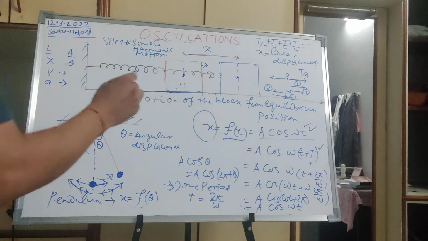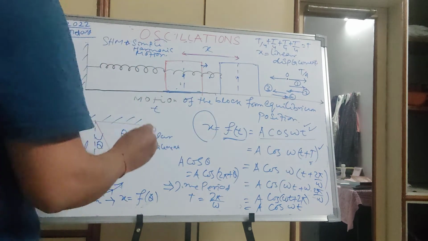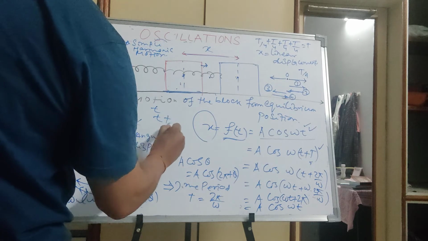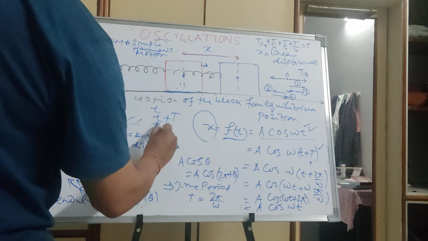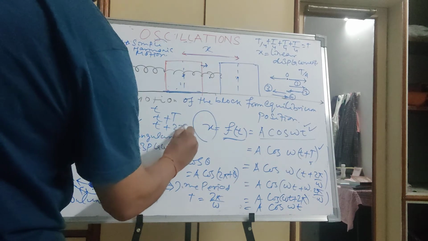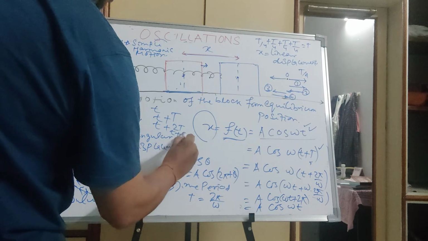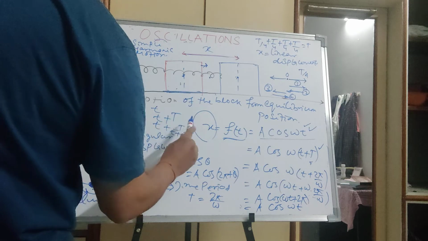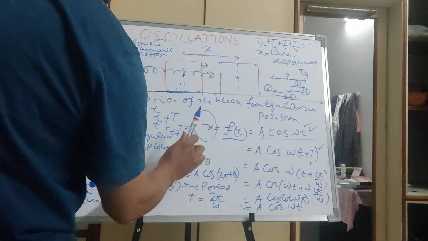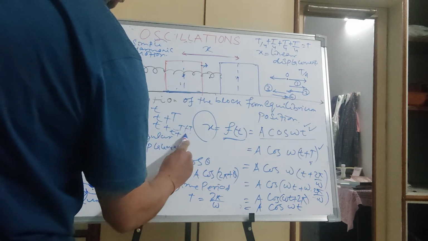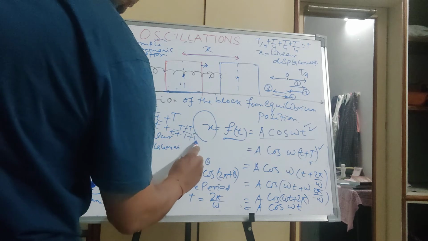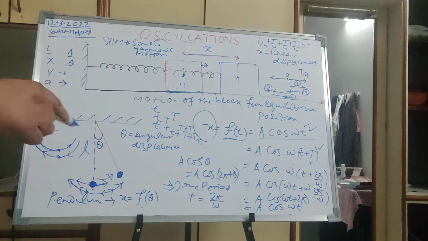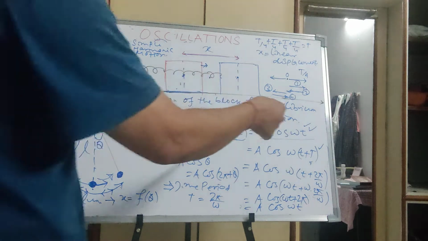One is t plus T, another is t plus 2T or t plus 3T. So after every time period, it will repeat itself. That's why it is called time period.